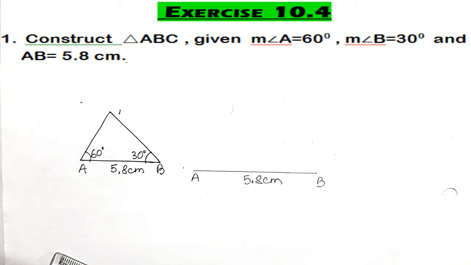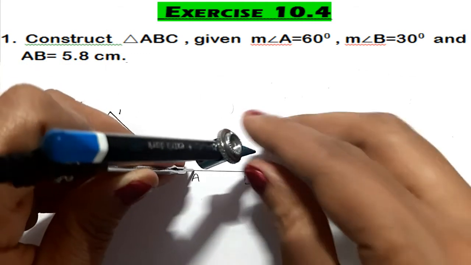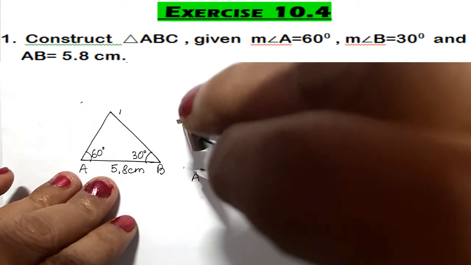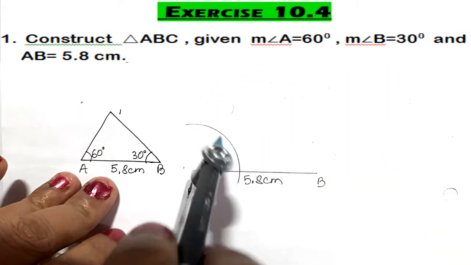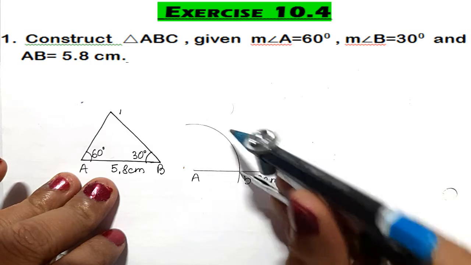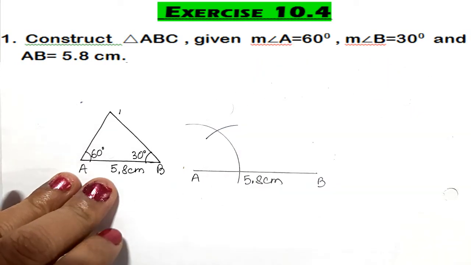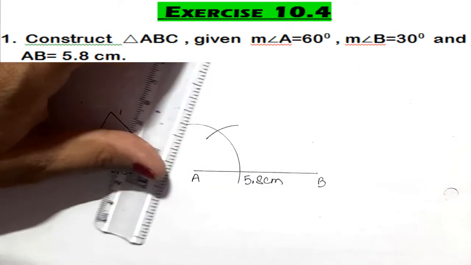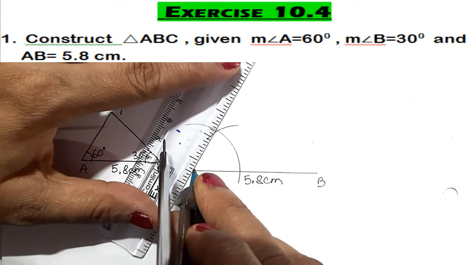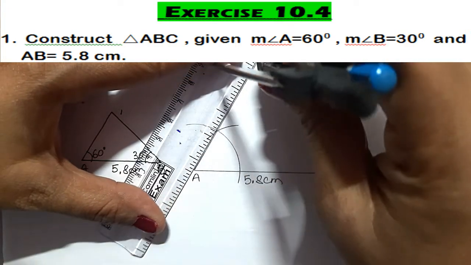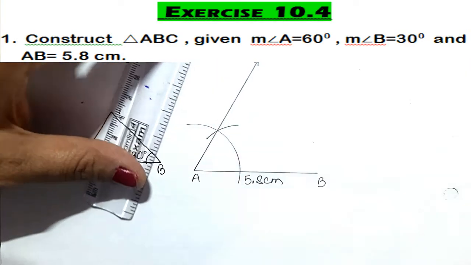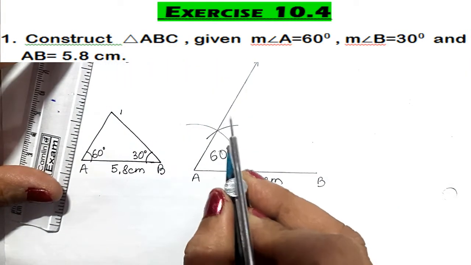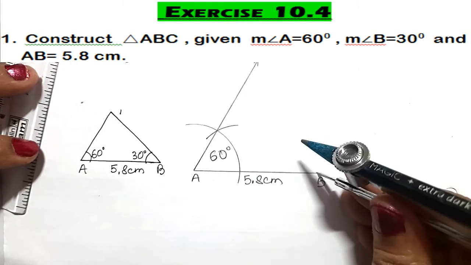5.8. Now I have to construct an angle 60 degree at this vertex A. So this is my 60 degree angle. Let me make a ray from vertex A. And this is 60 degree. Now at B I need 30 degree.